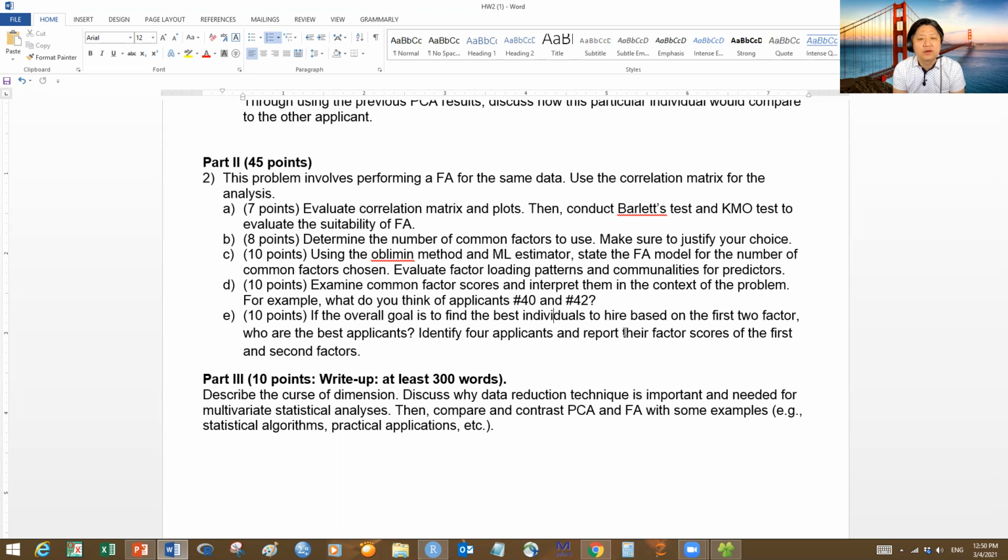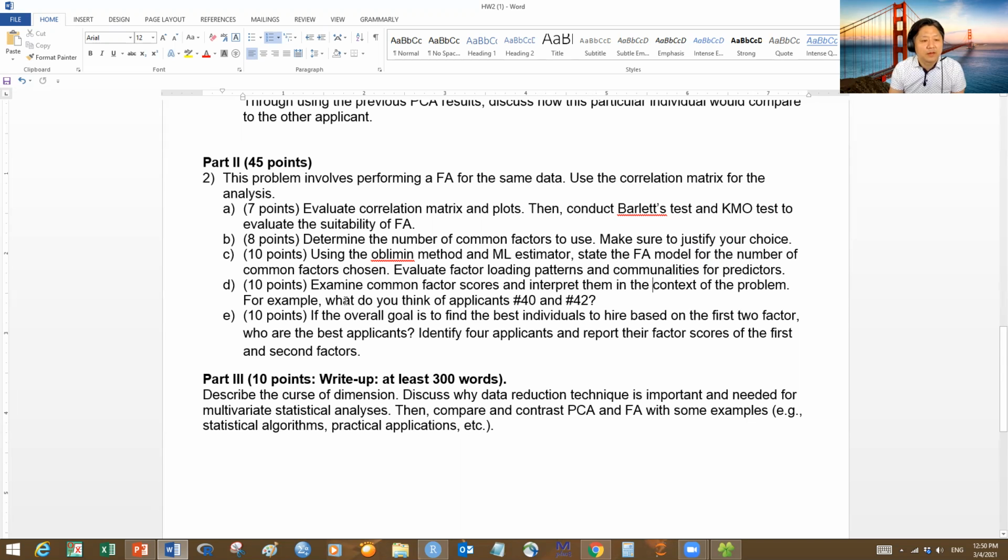You can say factor one may be the cognitive ability dimension, and then you can interpret the factor loadings. So this variable is highly correlated with this factor, and the factor loading is this one, and the communality is this one, and the error variance is this one, and interpret that.